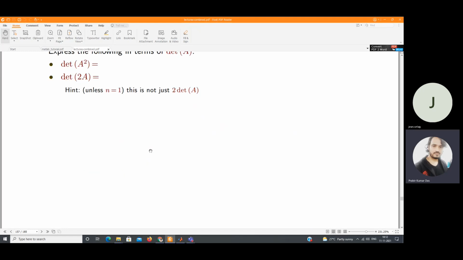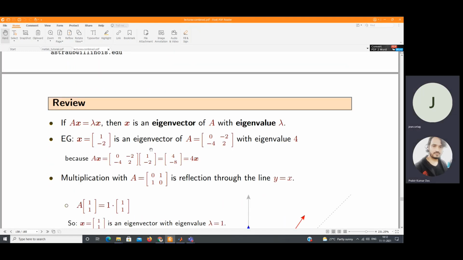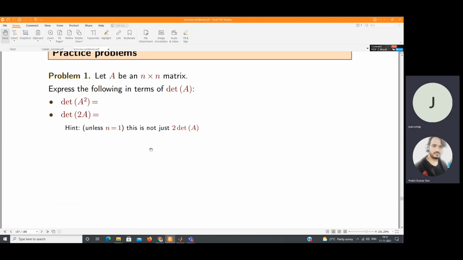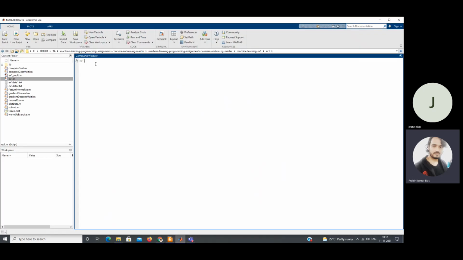Then I will come to the eigenvector. Suppose I am giving you one matrix capital A. I think I already taught you. Suppose A is equal to 3, 2, 1, 5, 4, 7, and 8, 9, 10. How can you calculate the eigenvalues of this matrix?